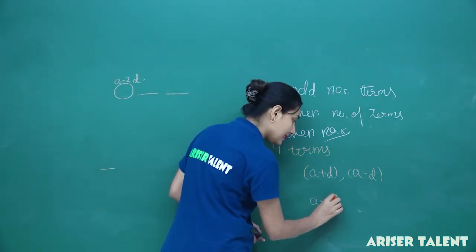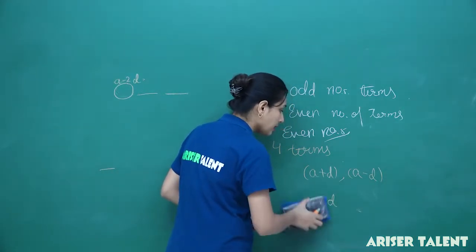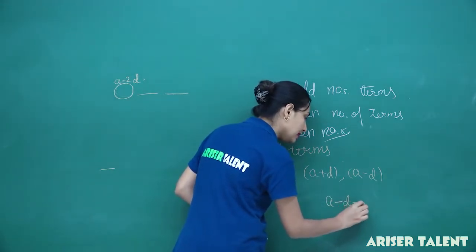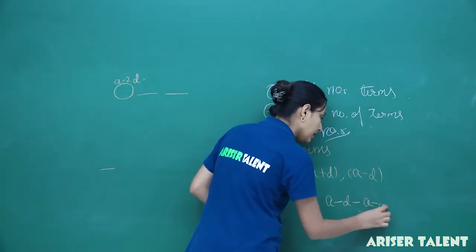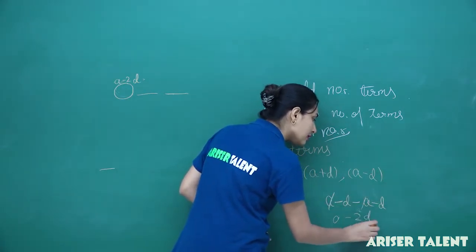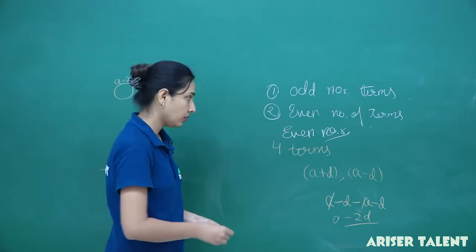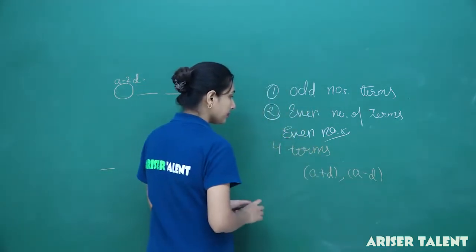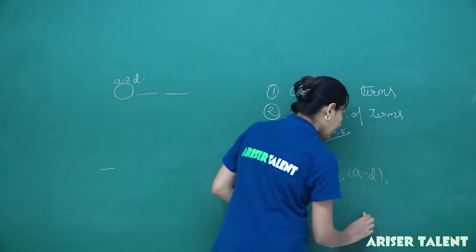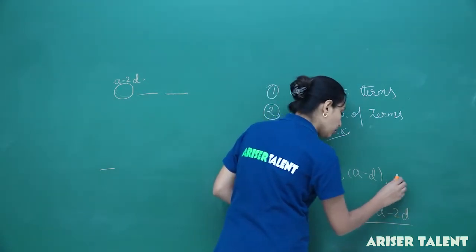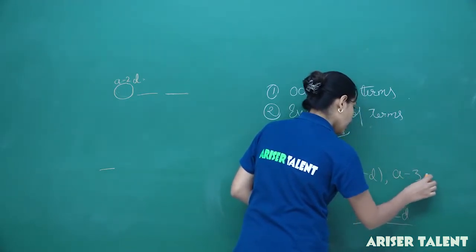A minus D minus A plus D, so that will cancel out and the difference is minus 2D. If the difference is minus 2D, A minus D minus 2D gives A minus 3D.